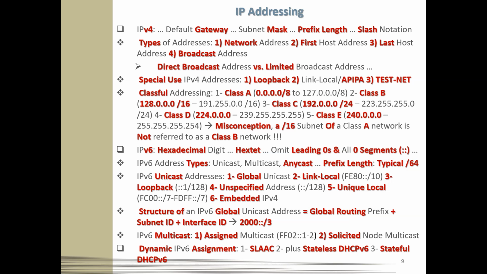With anycast, an IPv6 anycast address can be any IPv6 unicast address that can be assigned to multiple devices.